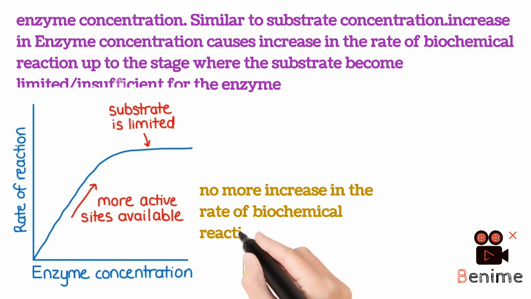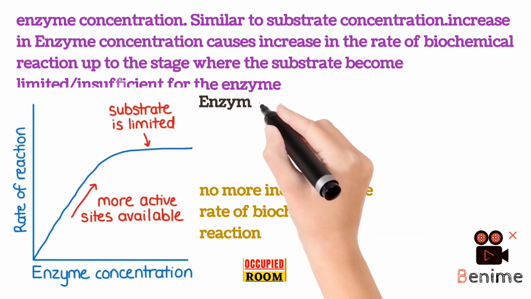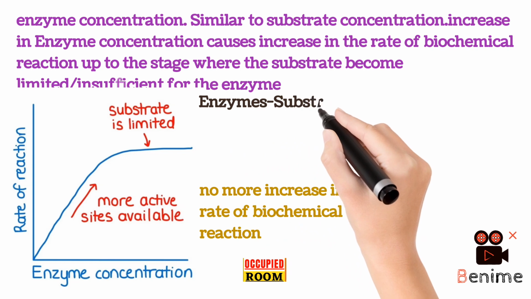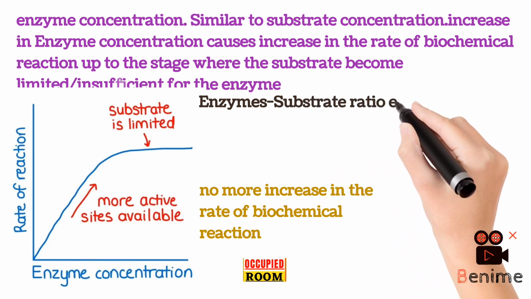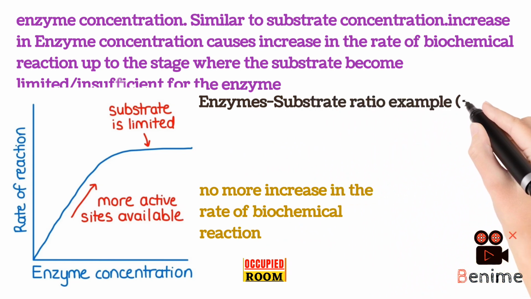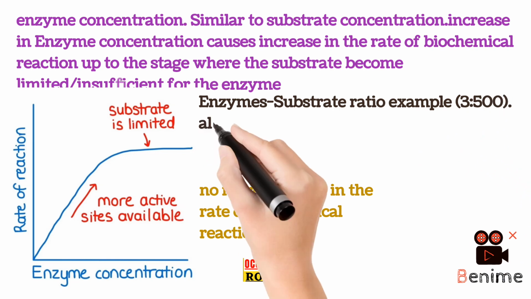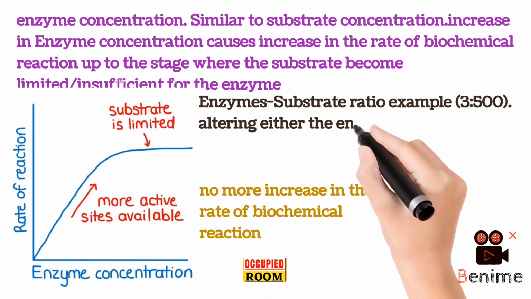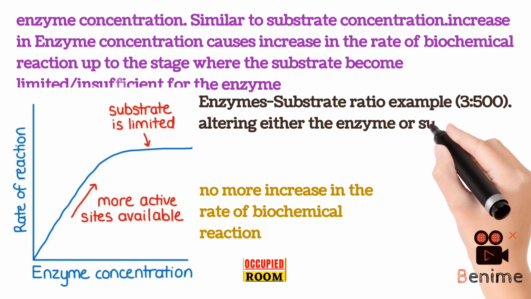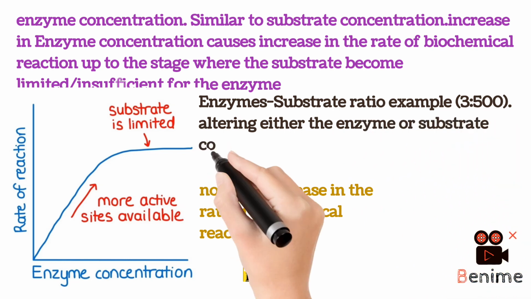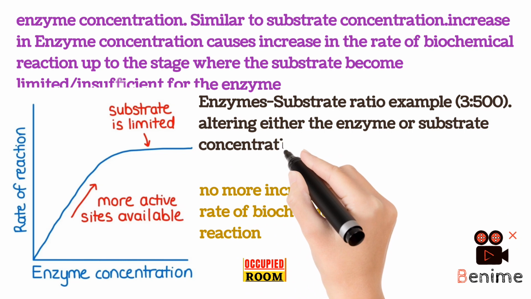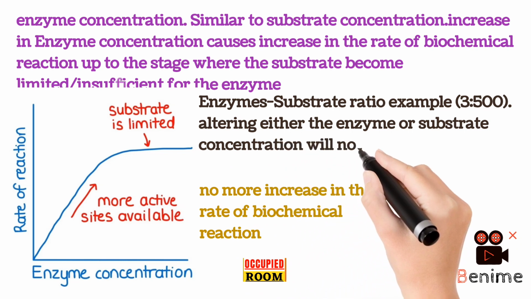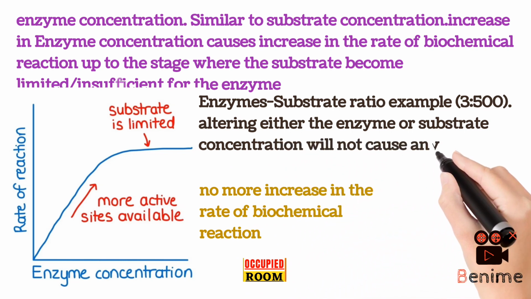Above the enzyme substrate ratio, there is no further increase in the rate of biochemical reaction. Example, 3:500. So if we increase the ratio of enzyme, the rate of biochemical reaction will not increase.